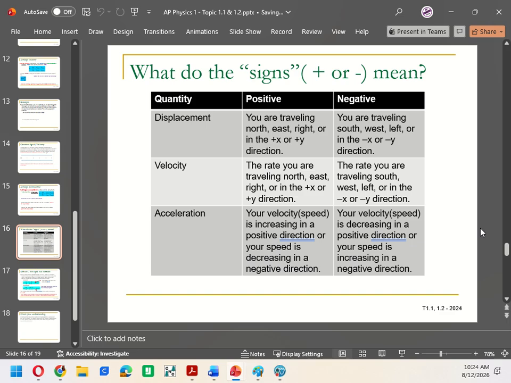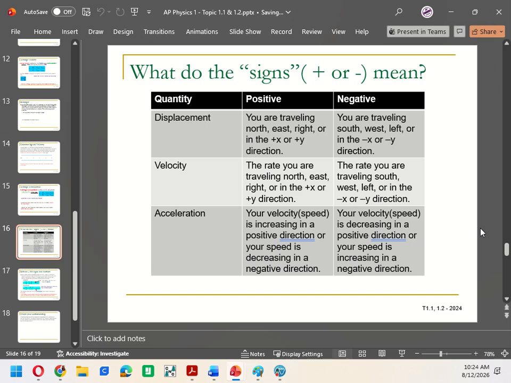Now next, at this point, instead of doing that, a positive acceleration. So that means that my velocity is going to the right and my acceleration is positive. So I am increasing at an increasing speed.